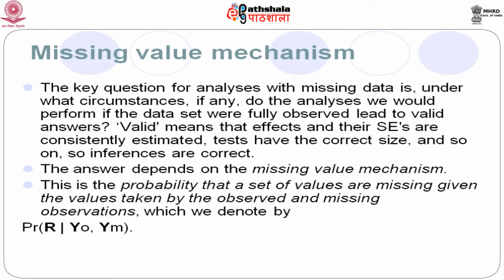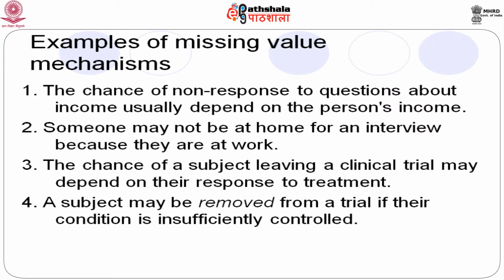We use that subsequently for modeling, but let us go to some examples of missing values. The chance of non-response to questions about income usually depends on the person's income. If the person has a higher income, he or she may hide his or her income level.